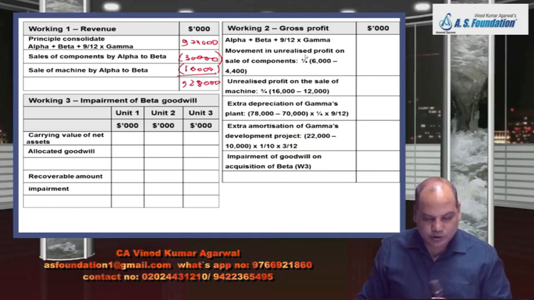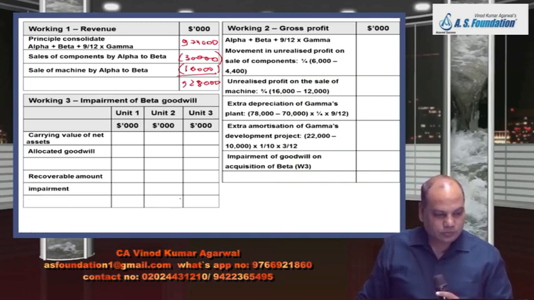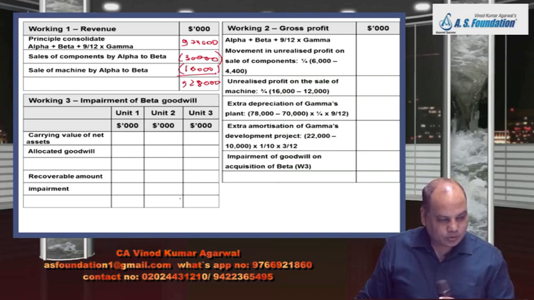Gamma's gross profit is 1,24,000 into 9 by 12 plus beta 1,43,000 and plus alpha 1,80,000. So what is the gross profit of these three companies?